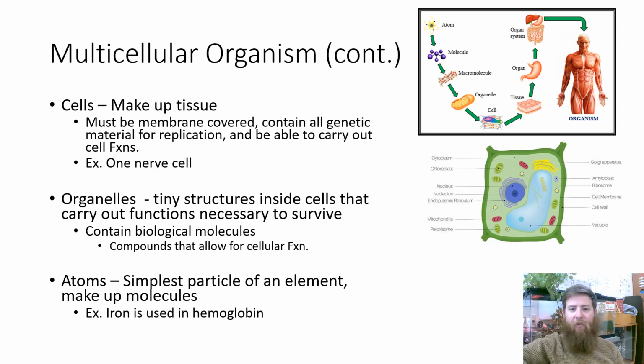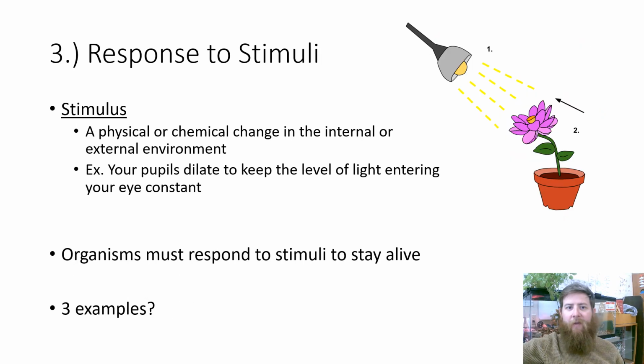It contains biological compounds, and then those biological compounds are made up of even smaller atoms, which is the simplest part of an element, and they help to make up molecules. So iron is used in hemoglobin, carbon is used in chlorophyll, and so all of these things together make up and build upon each other to create larger structures.